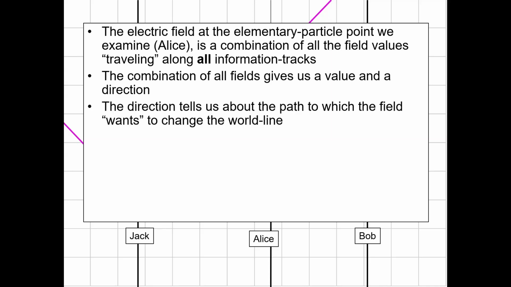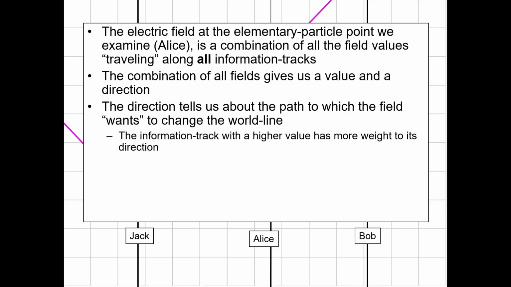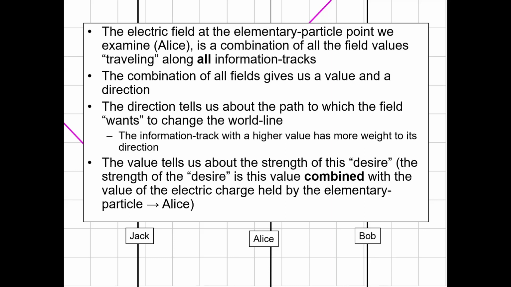The direction tells us about the path to which the field wants to change the world line, and this direction is a combination of the different directions of the information tracks that bring the fields, but this combination is weighted, so the information track with a higher value of a field has more weight to its direction. And the combined value tells us about the strength of this desire.